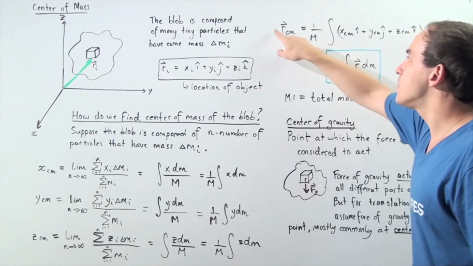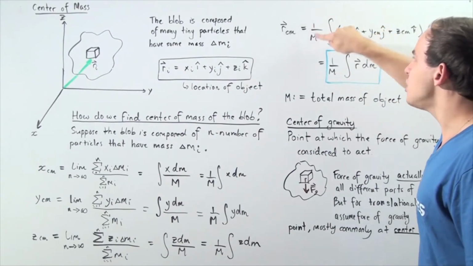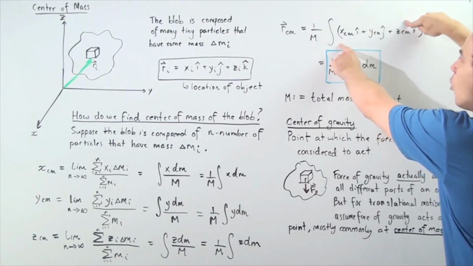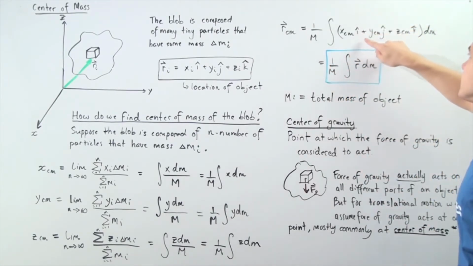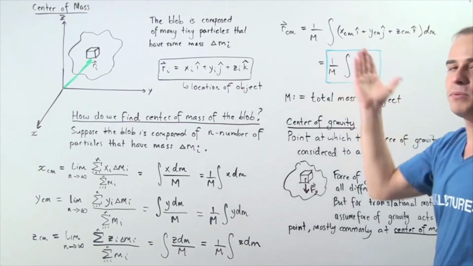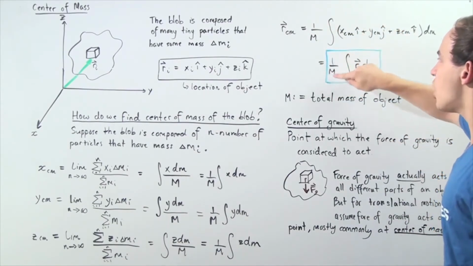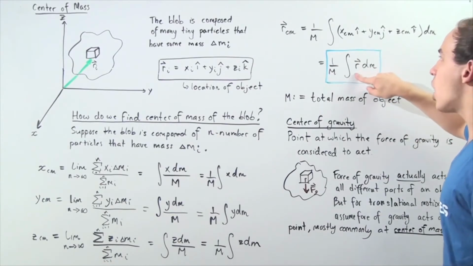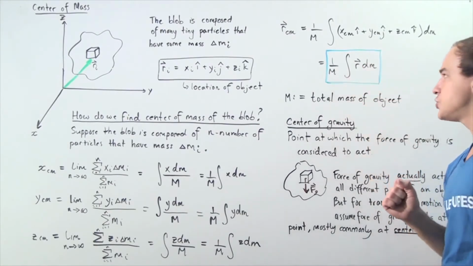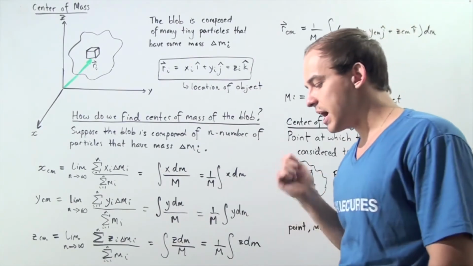R_CM, the center of mass vector of the blob, is equal to x_CM i hat plus y_CM j hat plus z_CM k hat, where CM is simply center of mass. And we can represent it in the following notation: 1 over M times the integral of r, which is simply this entire vector, multiplied by the infinitely small change in mass dm. So once again, the capital M is the total mass of the object.